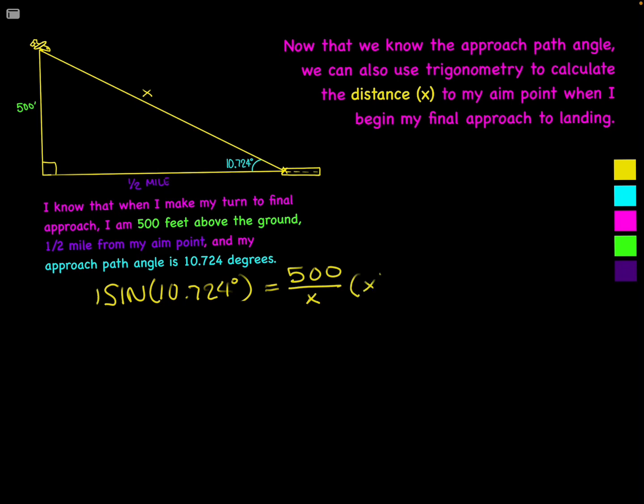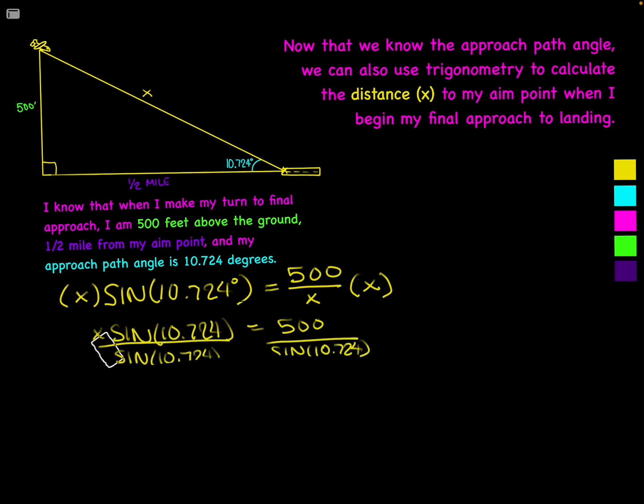To isolate x, we would multiply both sides by x, that way it is no longer in the denominator. This would give us x times the sine of 10.724 degrees is equal to 500. Because x is still not isolated, we would then divide both sides by sine of 10.724 degrees, giving us x is equal to 500 over the sine of 10.724 degrees.